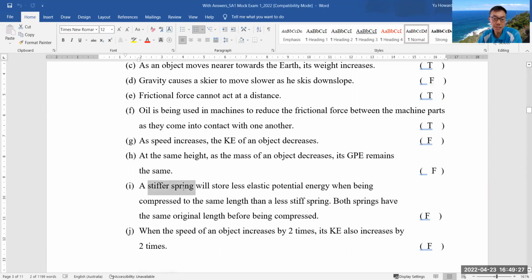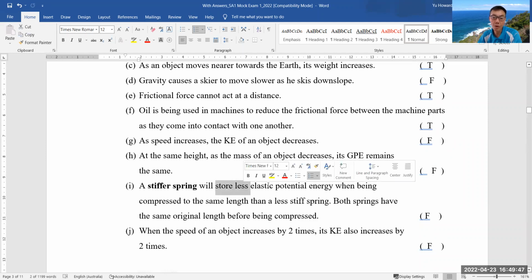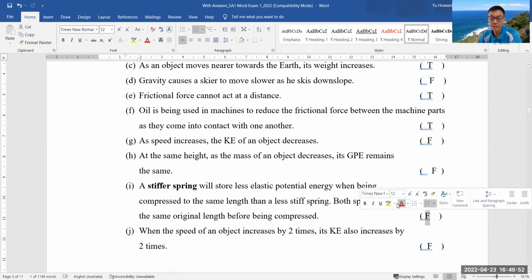If a spring is stiffer, it means it is more difficult to compress than a less stiff spring. So if you compress both springs to the same compressed length, the stiffer spring will store more elastic potential energy, not less. So this one is wrong. It's not less, it should be more. So that's why the answer is false.